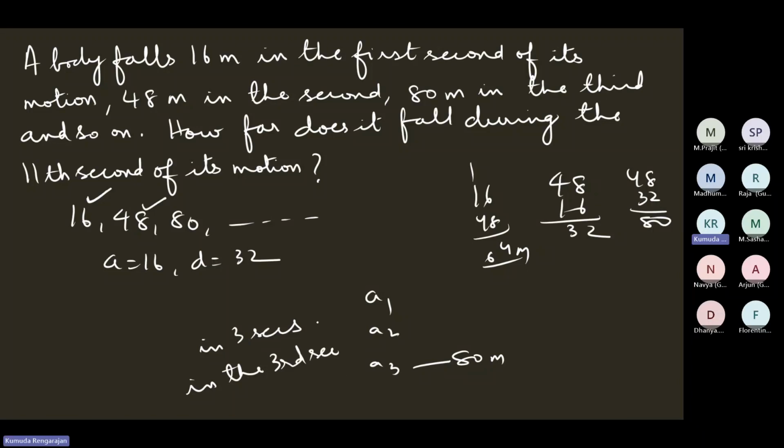In the third second is A3. In 3 seconds is A1 plus A2 plus A3. The total distance covered in 3 seconds is given by A1 plus A2 plus A3.